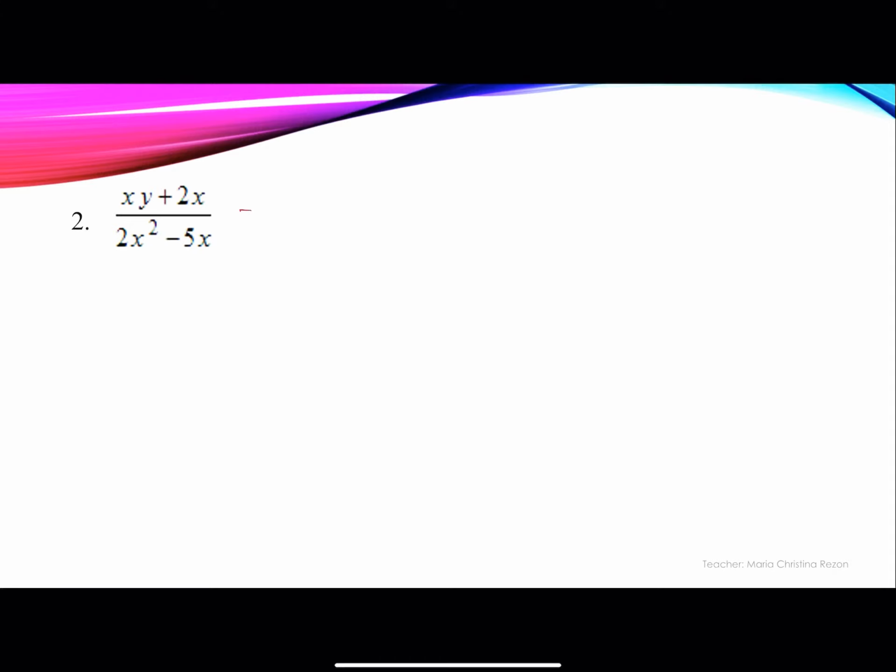You have x, take out x, and what is left is y plus 2. And then the denominator: you take out x, what is left is 2x minus 5.